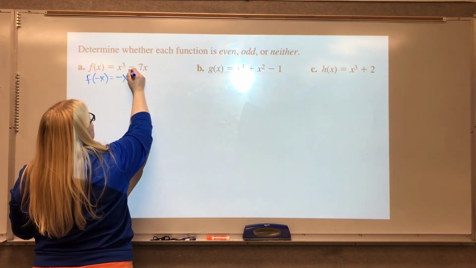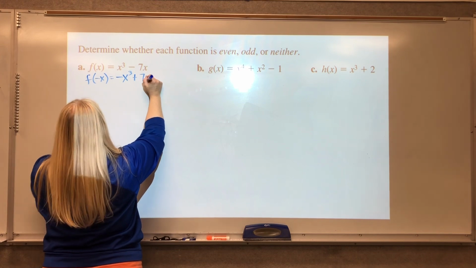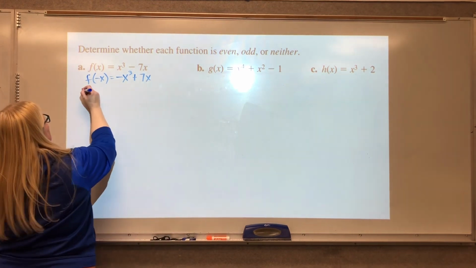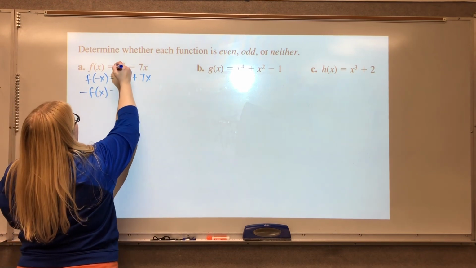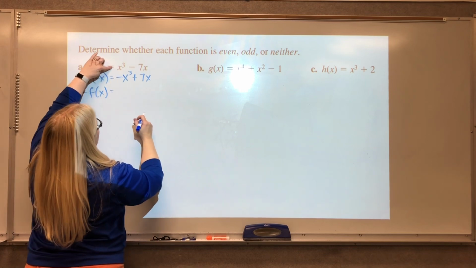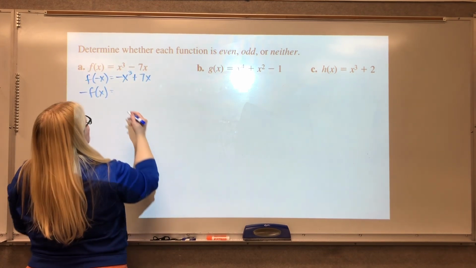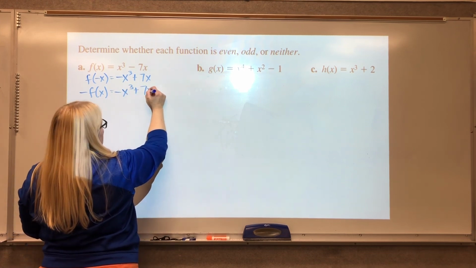So negative x cubed, this is also odd, so that changes the sign. Now I'm going to reflect it over the x-axis. Negative f of x. Well, that's like I'm putting a negative in front of the whole function, so it changes the signs of all the terms. So I have negative x to the third plus 7x.